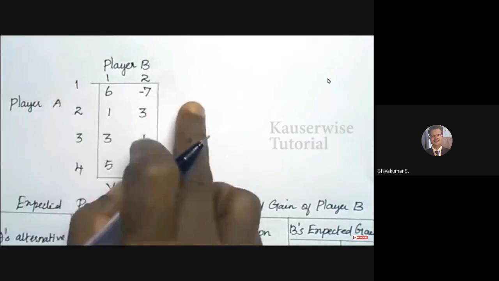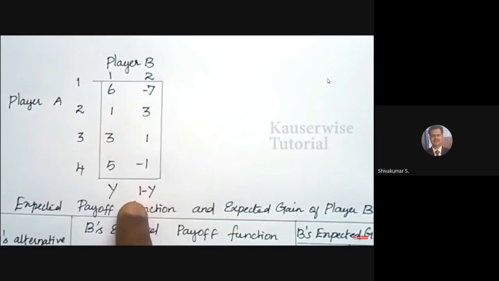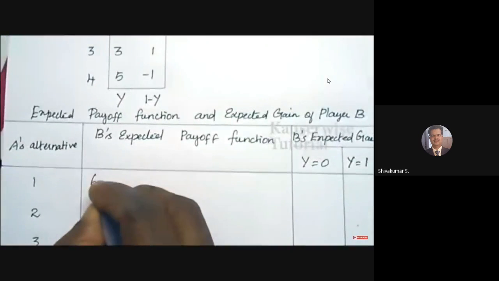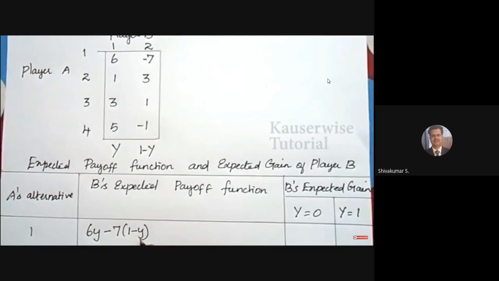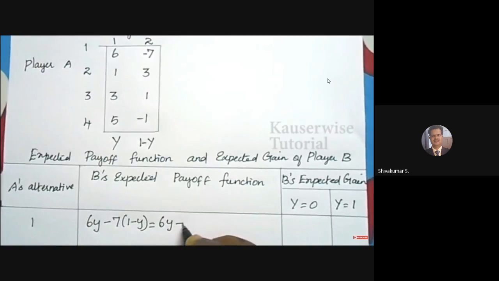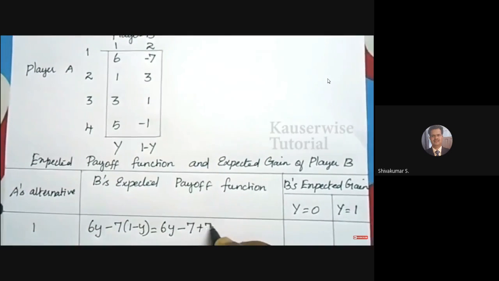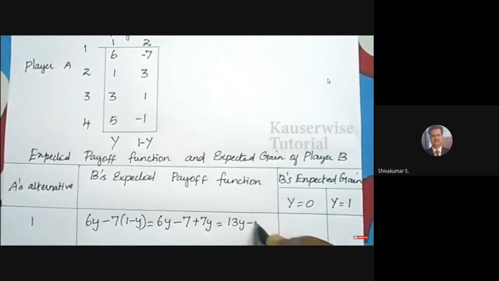For the first row, multiply 6 into Y and minus 7 into 1 minus Y. See the payoff function 6Y minus 7 into 1 minus Y, is equal to 6Y minus 7 plus 7Y, is equal to 13Y minus 7.